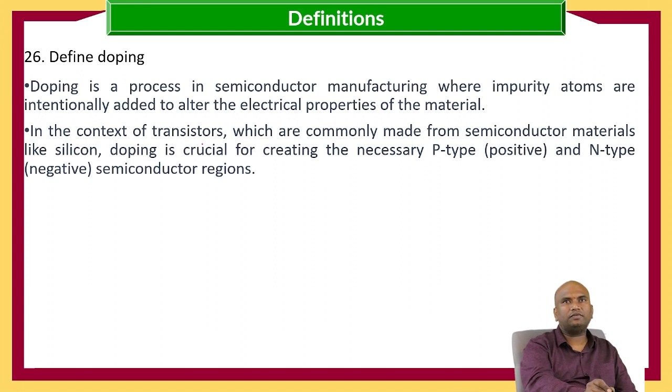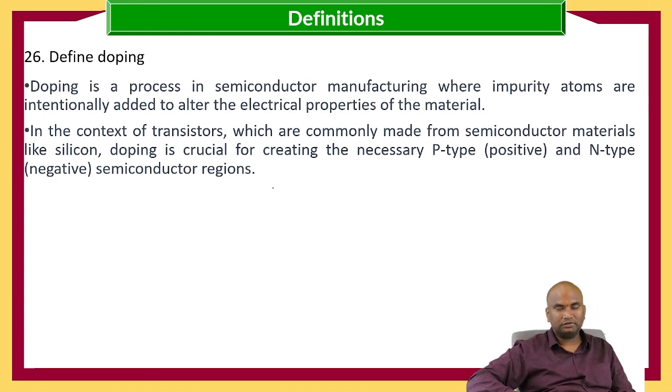In the context of transistors, which are commonly made from semiconductor materials like silicon, doping is crucial for creating the necessary p-type and n-type semiconductor regions.